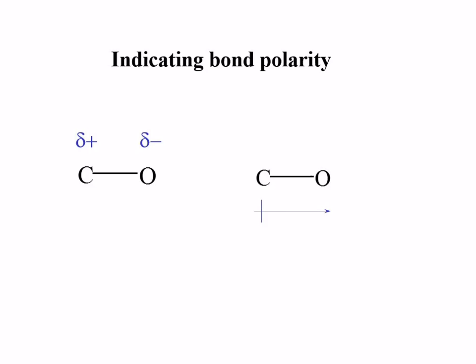So this thing down here, if you've done much with physics, you know they work with vectors a lot. Vectors show both magnitude and direction. So here we have an arrow. This arrow starts here, and this arrow ends here. Where it starts is partially positive, where it ends is partially negative, and the length of the arrow gives magnitude.